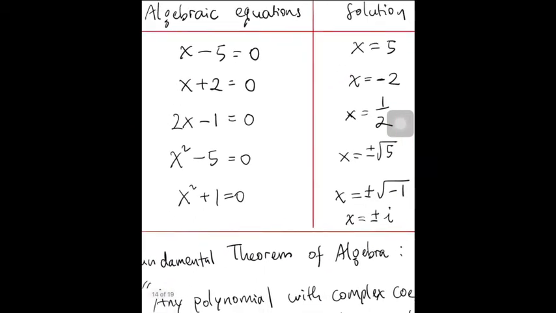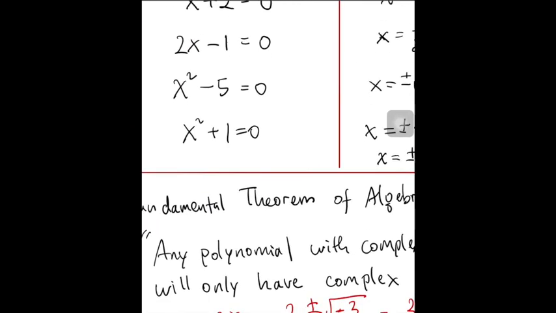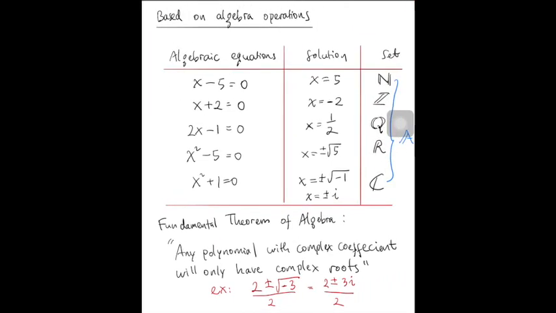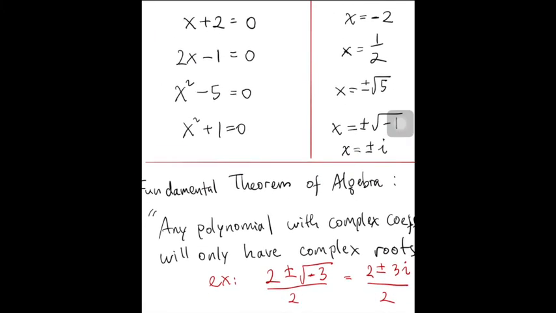And we go to the fundamental theorem of algebra. So any polynomial that has complex coefficients will have complex roots. For example, if you have learned quadratic functions, you will know that sometimes when your quadratic function is not easy to factor, you use the quadratic formula.